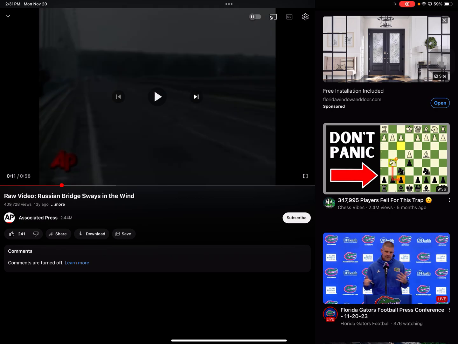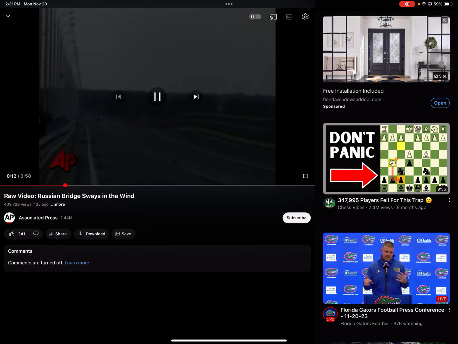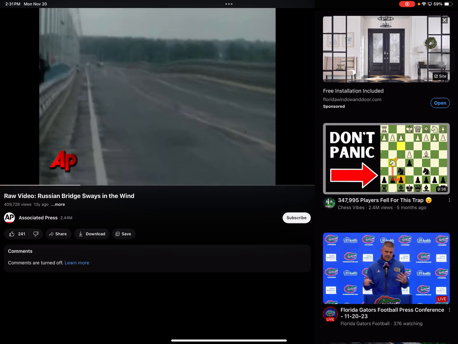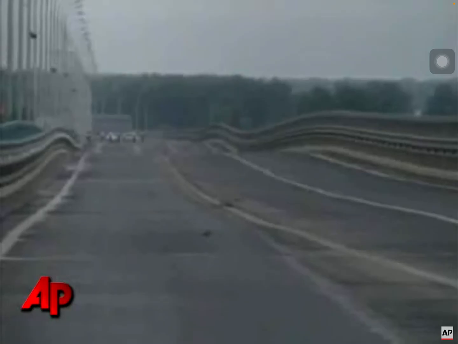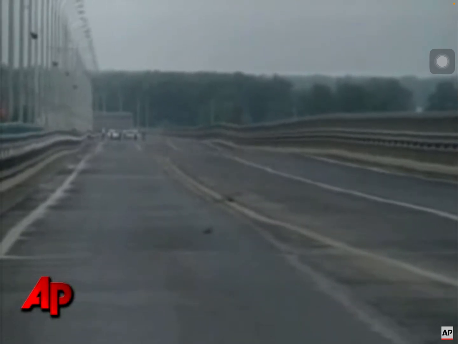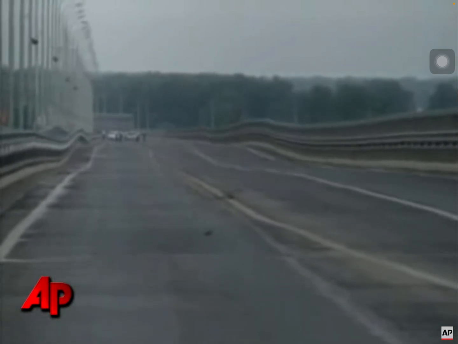So here's a bridge in Russia. So when the wind blows, that's the driver.